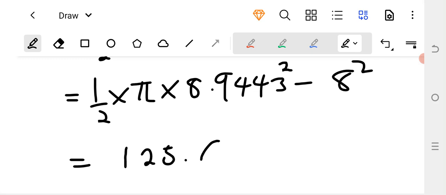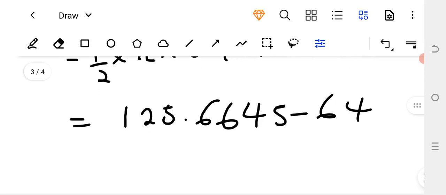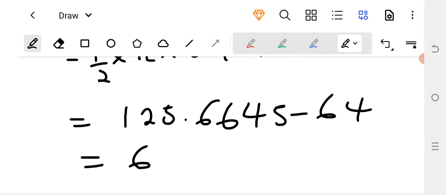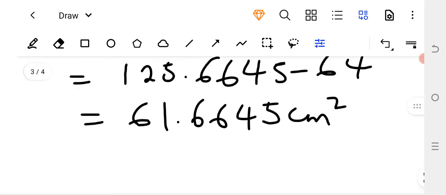We are still maintaining that. Then 125.6645 minus 64, which is 8 squared. Which answer are you getting? So you're going to have 61.6645 centimeters squared as your area.